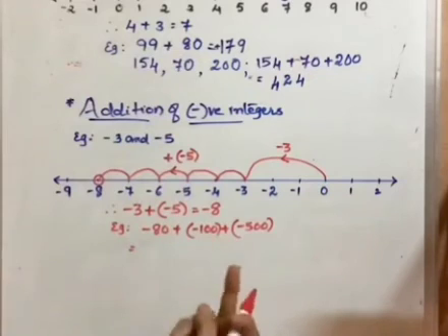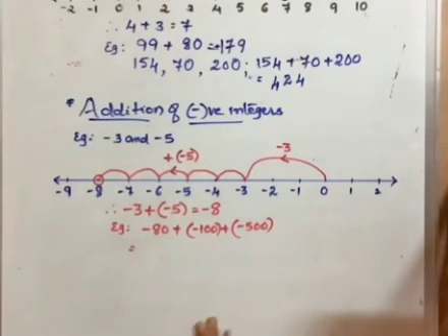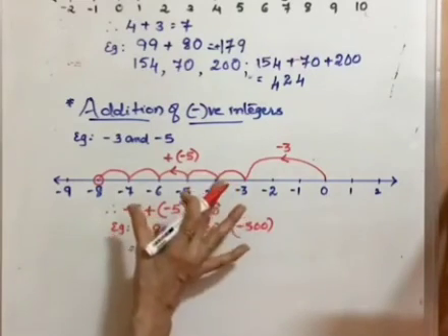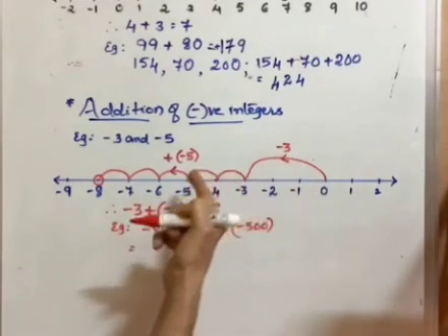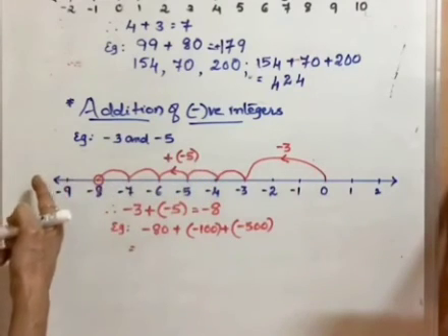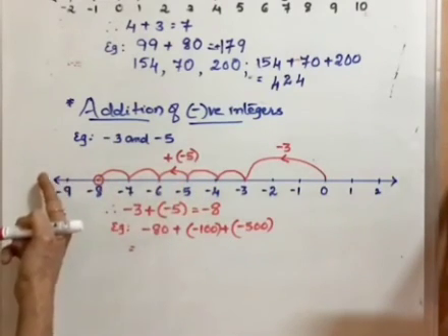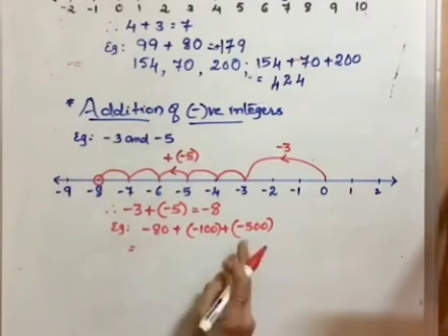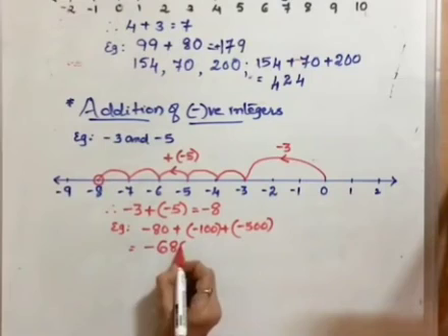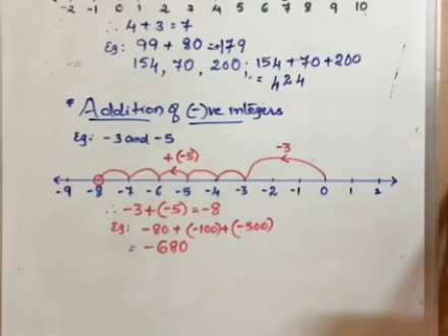We call them like signs, same signs. Imagine on the number line. First negative 80, then I go still further, add another 100, then add another 500. So how much? Negative 680. Did you understand? Like that, we can also do many more negative integers.